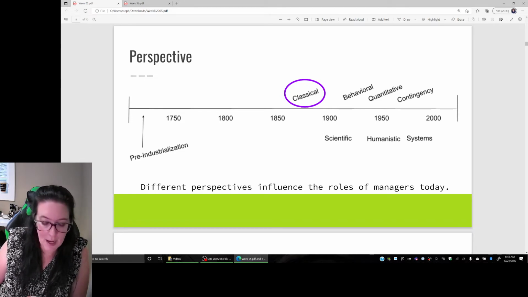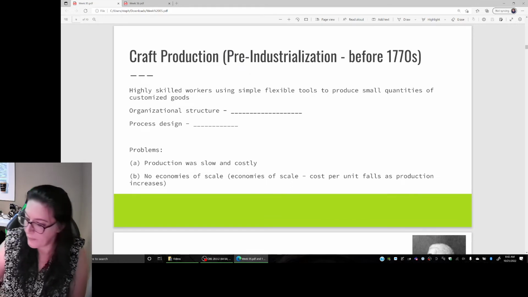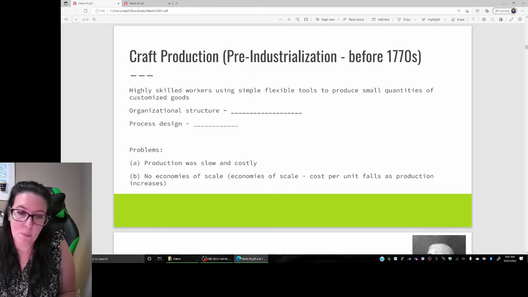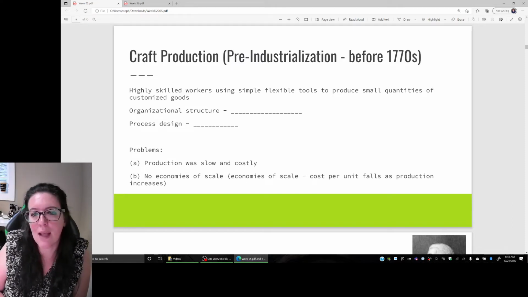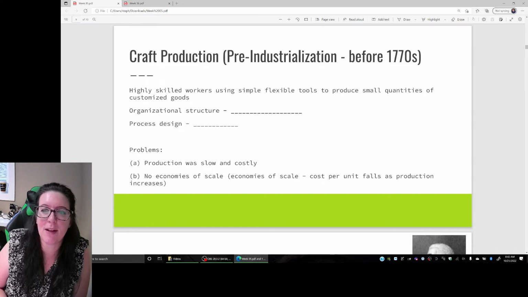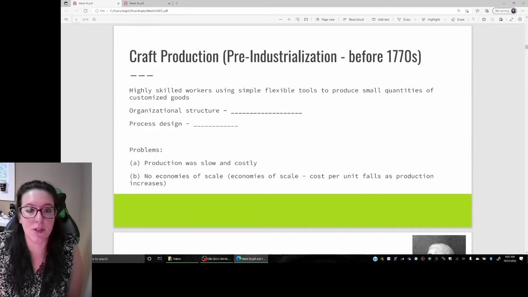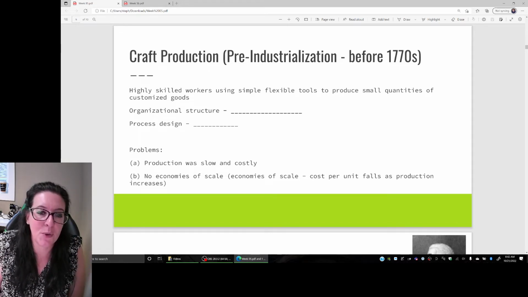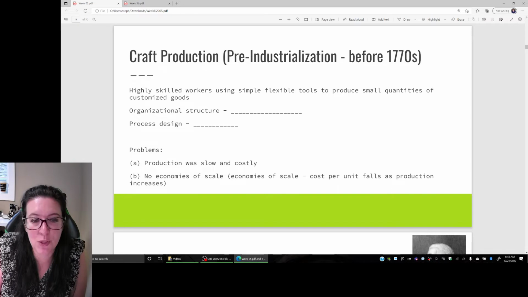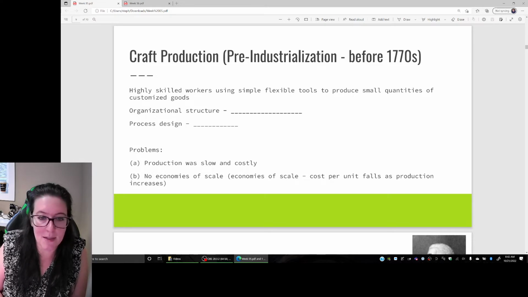Well, if we look at the time period before the Industrial Revolution, this is a time period before we have big equipment and factories, where we have highly skilled workers using simple, flexible tools to produce small quantities of customized goods. So think about it as a tailor hand-making clothes for you, someone hand-making shoes for you. And so each item is made specifically with the customer in mind.